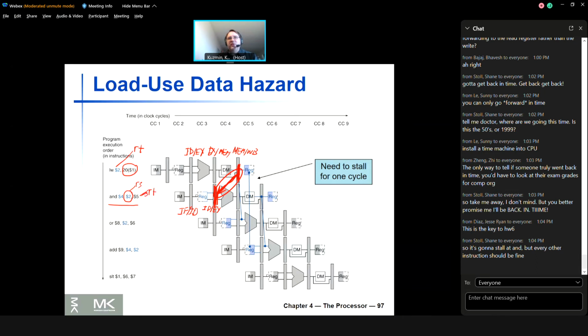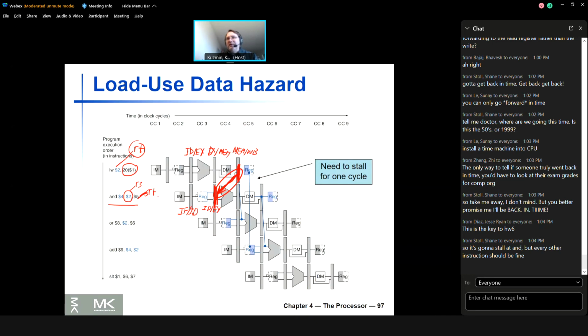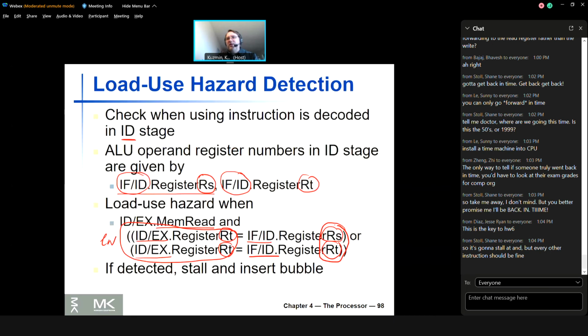All right. So these two registers, that's why we have RT from the same stage. This part corresponds to our LW instruction, and these are the choices for the registers on which we might have this load use data hazard in our AND instruction.